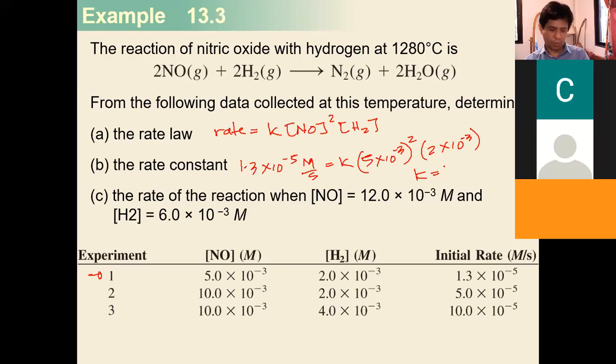Tapos times 2 exponent minus 3. Shift solve. Nakuha nyo yung K. Yep, very good. I'm also getting 260. Very good, Gio. Very good, Jan. Very good, Emmanuel. Very good, Carla. Ganun lang, ano? 260. So K is equal to 260.